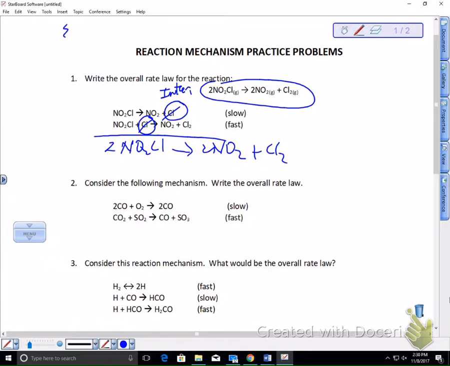So that's awesome, because when we write the rate law for this overall reaction, it's just going to depend on the slow step. And it's an elementary step, so the rate will just be the molecularity of NO2Cl in the first step. It's unimolecular. There's only one thing there, so we're going to give it a 1.